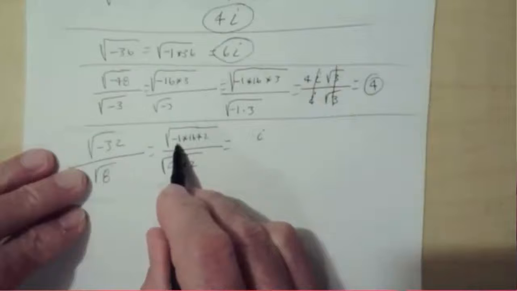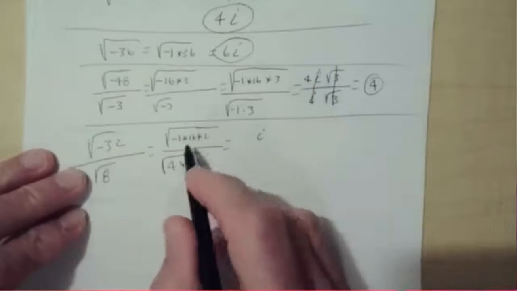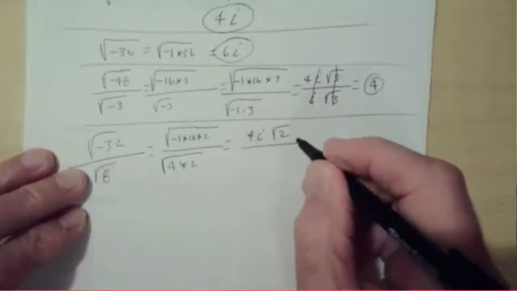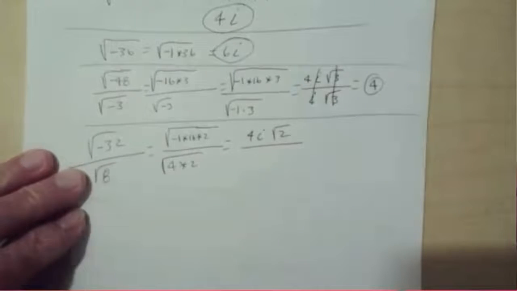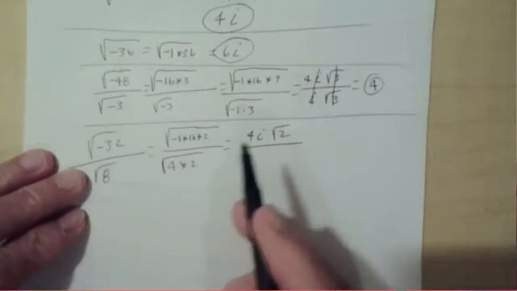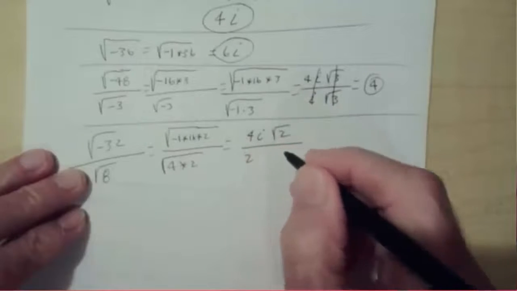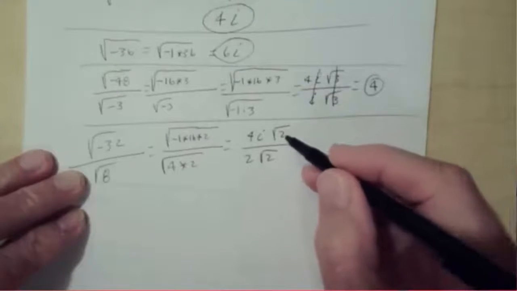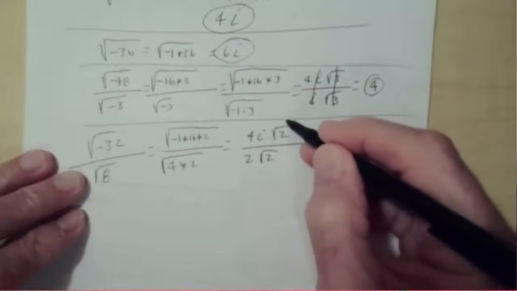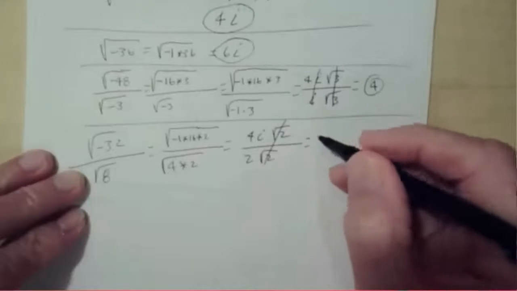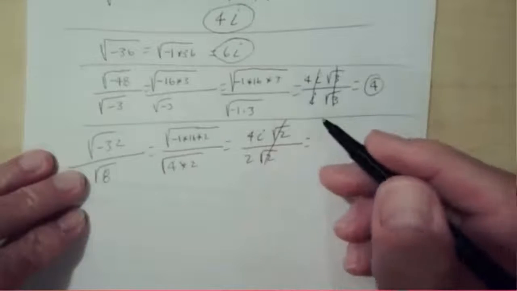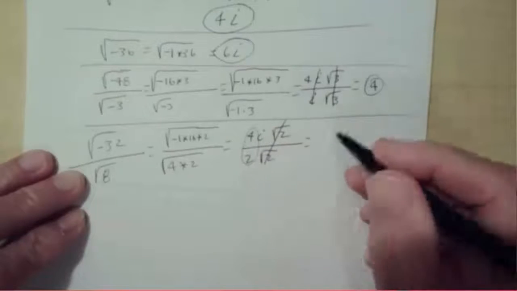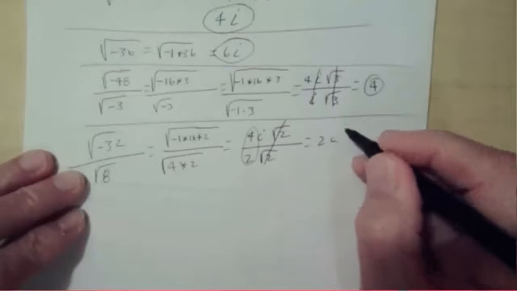And once you take the square root of it, of course, it comes out of the radical. The square root of 16 is 4, square root of 2. And again, the square root of 4 is 2 times the square root of 2. Square root of 2 divided by square root of 2 cancels. 4 divided by 2 is 2. All right, just reduce this fraction. So we end up with 2i.